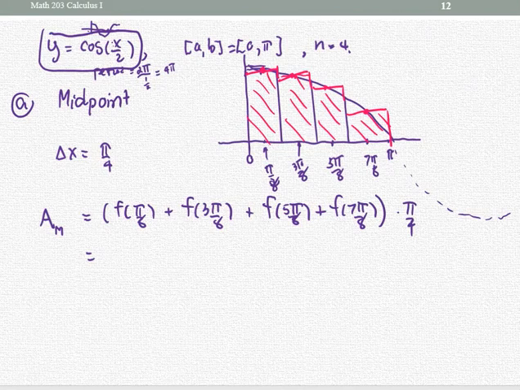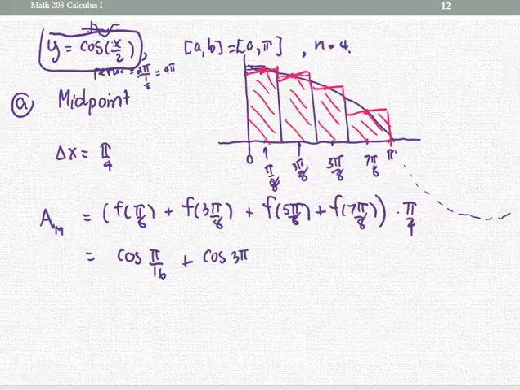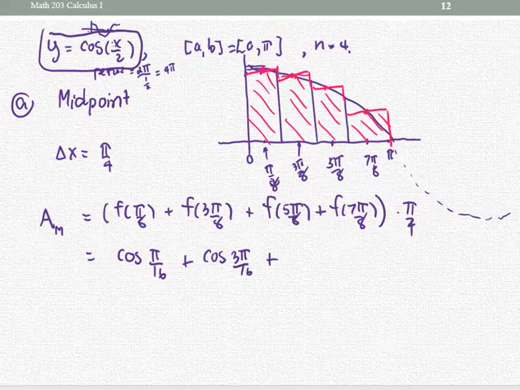Then use a calculator to compute term by term. The first one is cosine of x over 2, which is half of pi over 8, which is pi over 16, plus the cosine of 3 pi over 16. Well, it's definitely not calculating by hand, right? You're going to need a calculator for this.